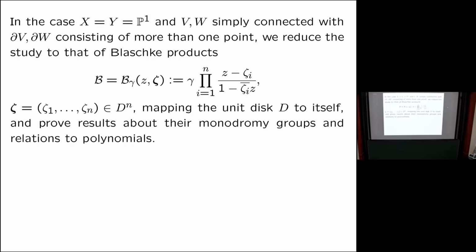And so in this kind of context, you can reduce the situation to Blaschke products. We have all sorts of results about, for example, the monodromy. So Blaschke products are very like polynomials, and it turns out that their monodromy group, the list of the possible monodromy groups, is the same as for the monodromy groups of polynomials.